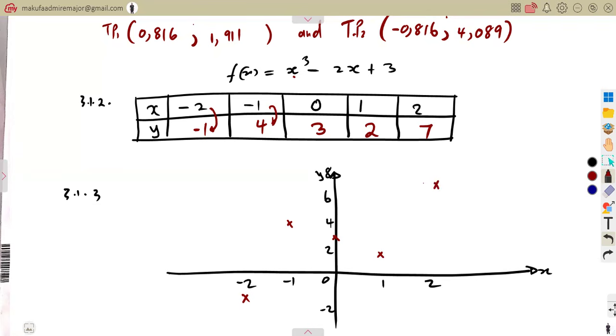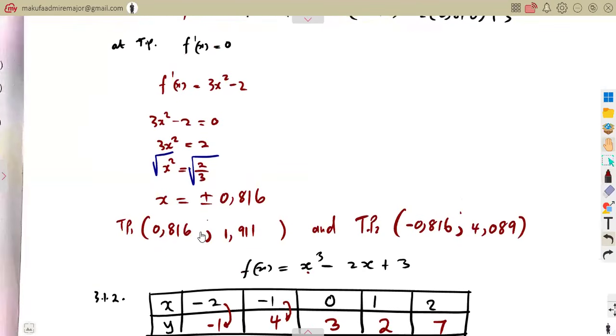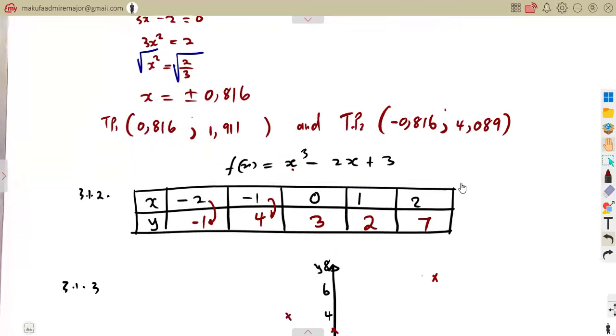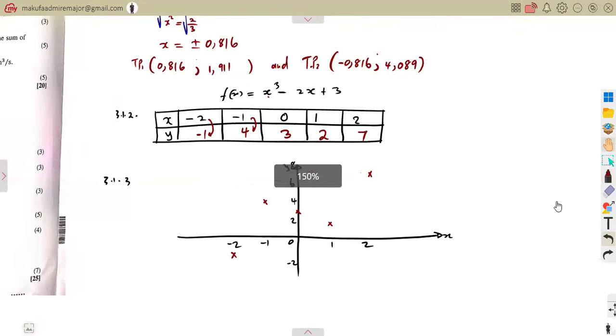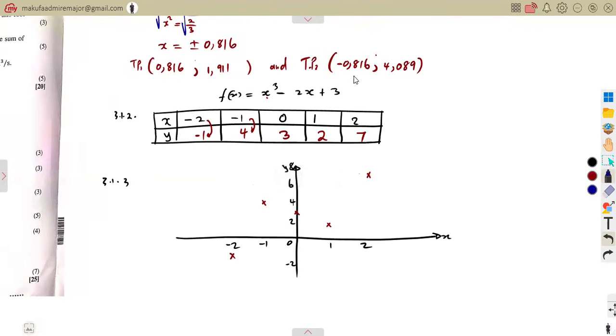But remember, as you are to join this graph, you're joining knowing that there are turning points, and these turning points are at 0.816 and -0.816. By just looking at these turning points, you see that -0.816 is just approximately here below -1.